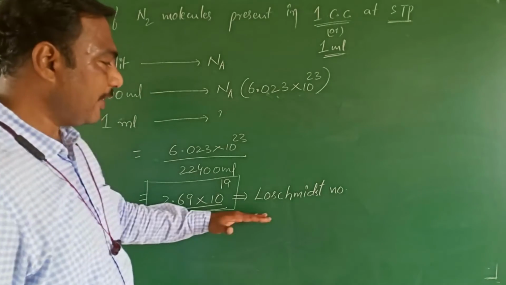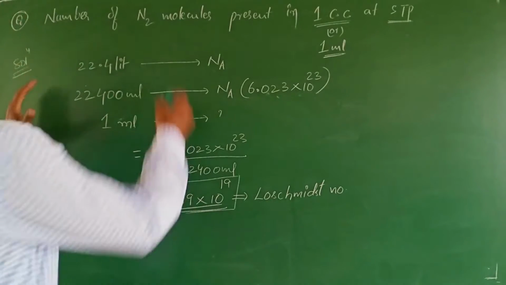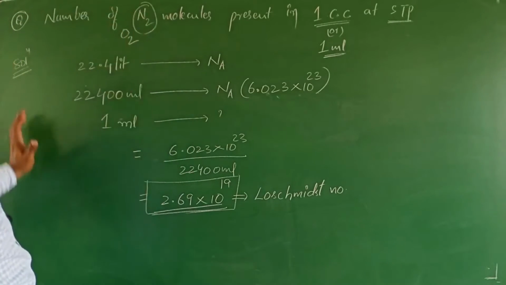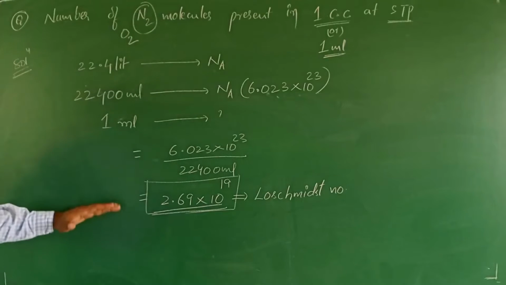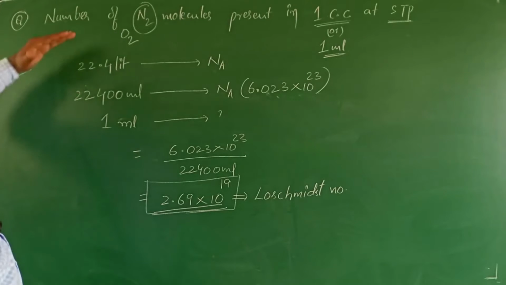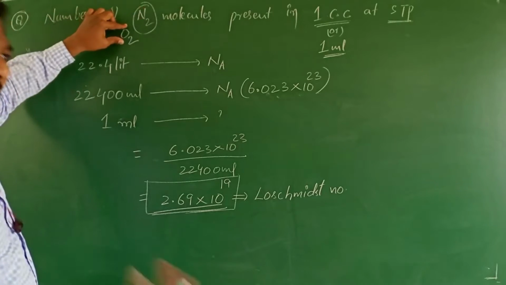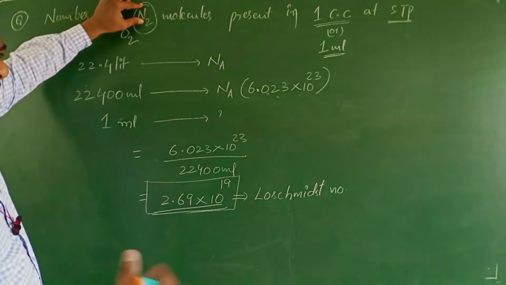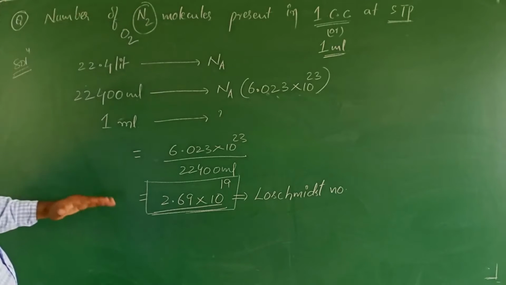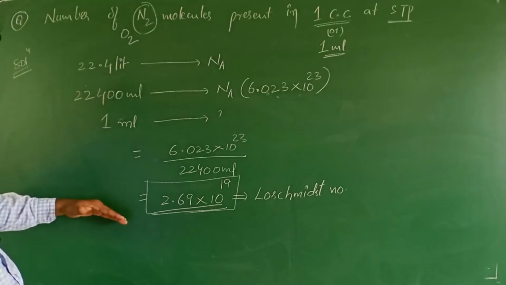What is the significance of this Loschmidt's number? If I replace this nitrogen with O2, let us say, or any other gas at STP, will there be any change in the solution which you have written?